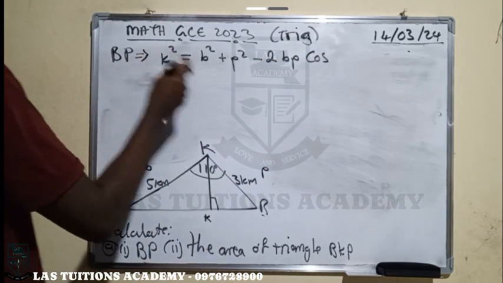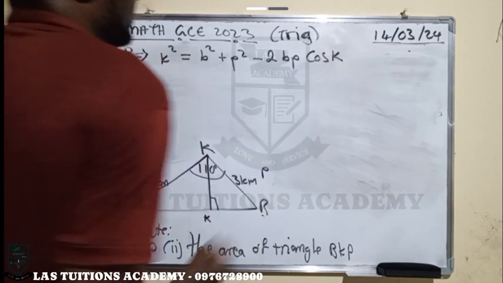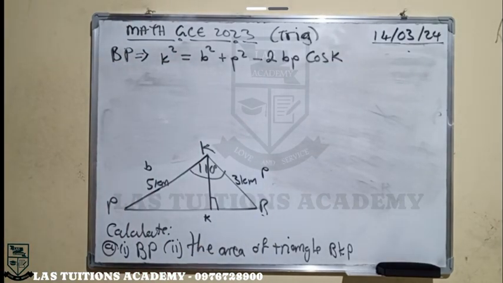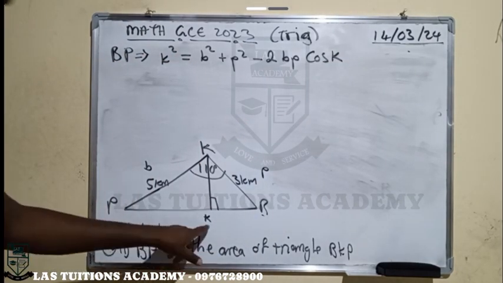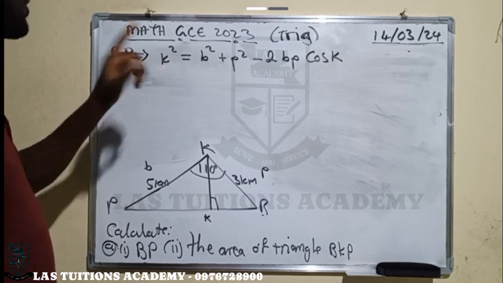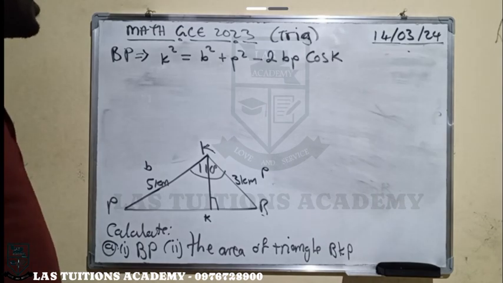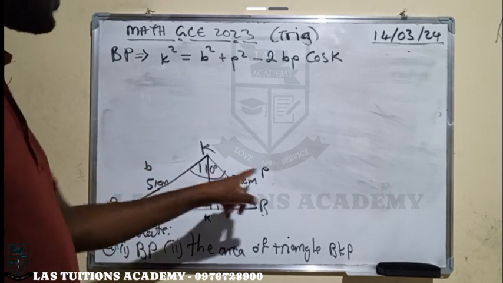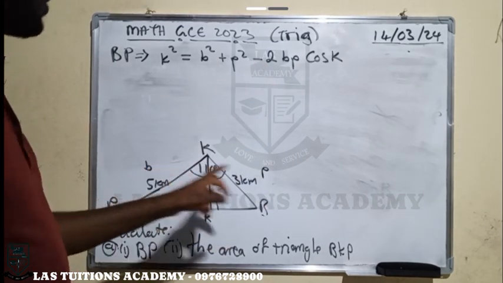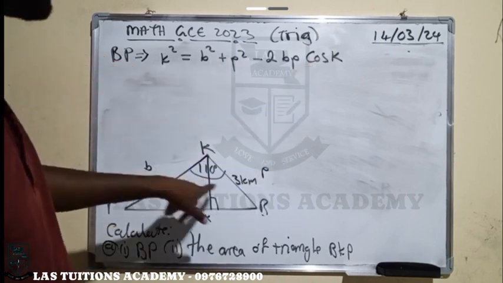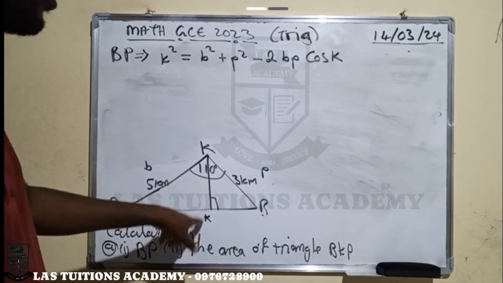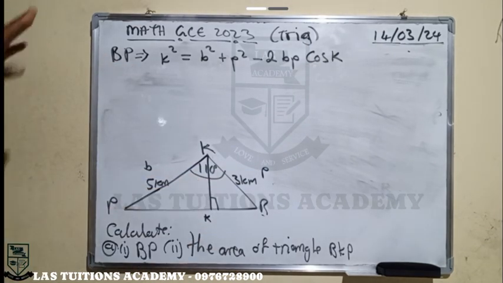So the side you are looking for squared is equal to this one plus that one minus 2 times this times this, then cos of the angle which is opposite to the side that you are looking for. That is the formula we use to find the value of k.